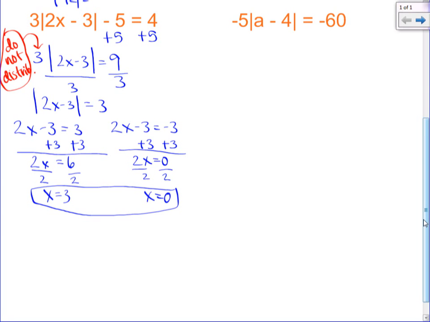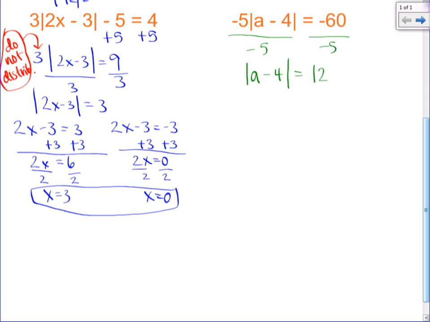Questions before the last one? This one looks like it's going to be a no solution, doesn't it, right away? But what are we going to divide both sides by? And now it becomes possible. So you don't ask yourself if it's a no solution or not until you get the absolute value alone.